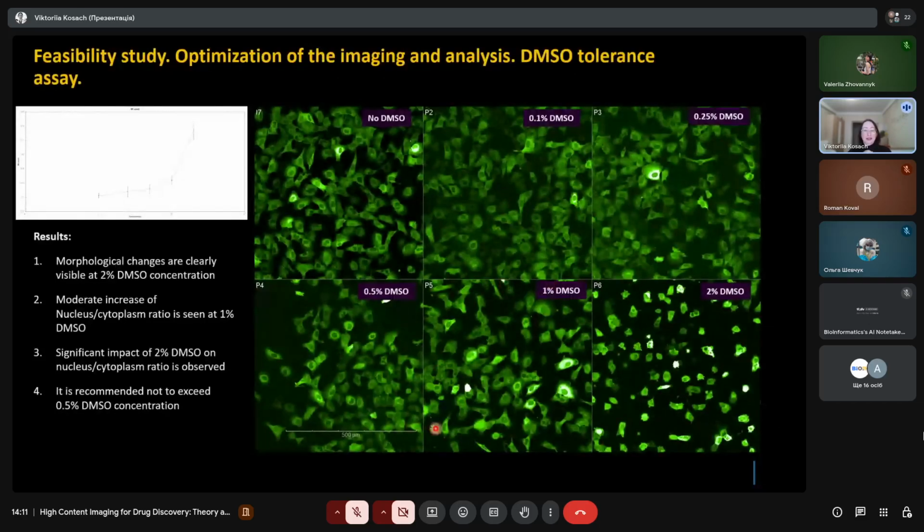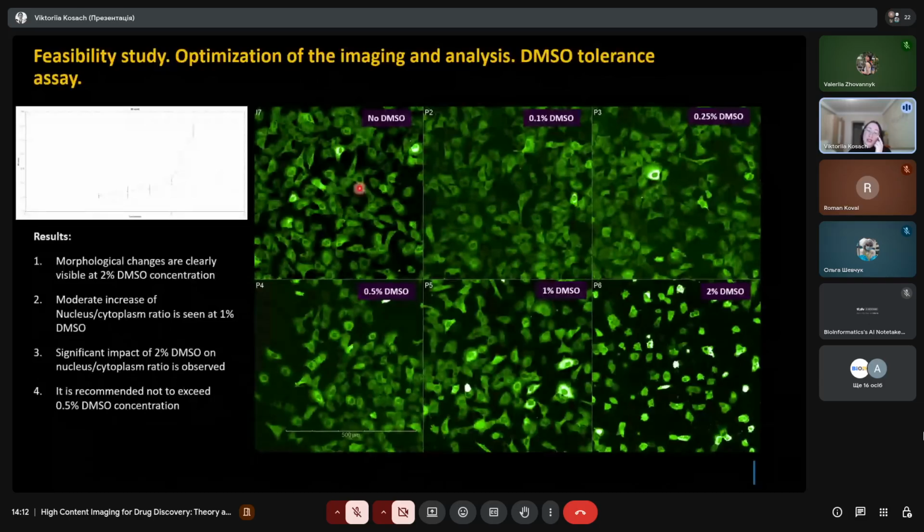1% DMSO already has some cells that change morphology, but it also influences a bit our assay. Here you can see the nuclear to cytoplasm ratio. So this is 2% DMSO, 1% DMSO. They influence our assay and should be excluded.